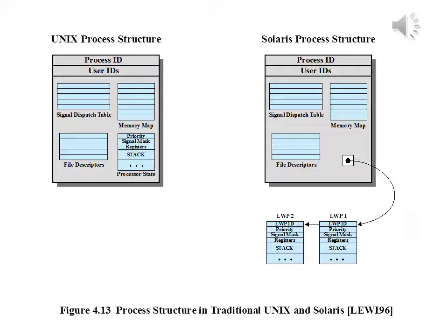The figure shown here compares, in general terms, the process structure of a traditional Unix system with that of Solaris.